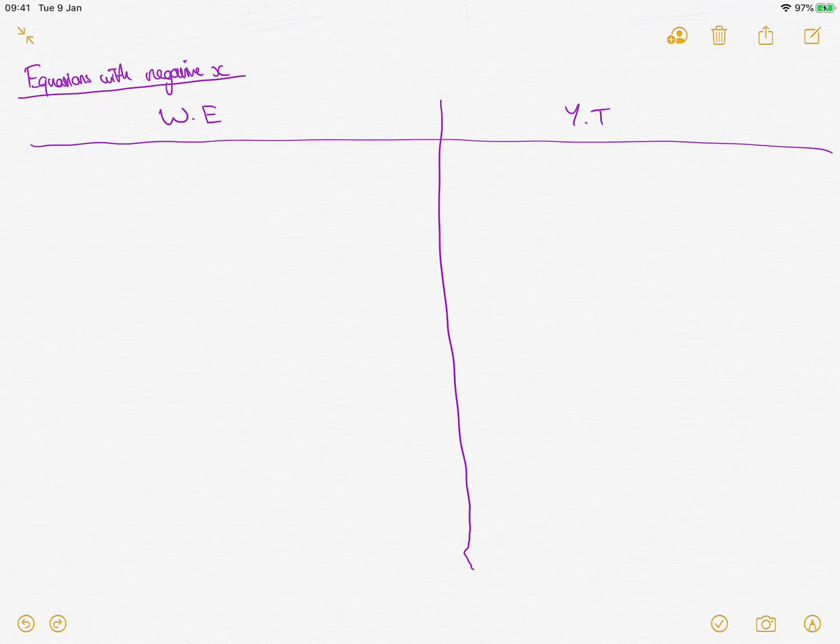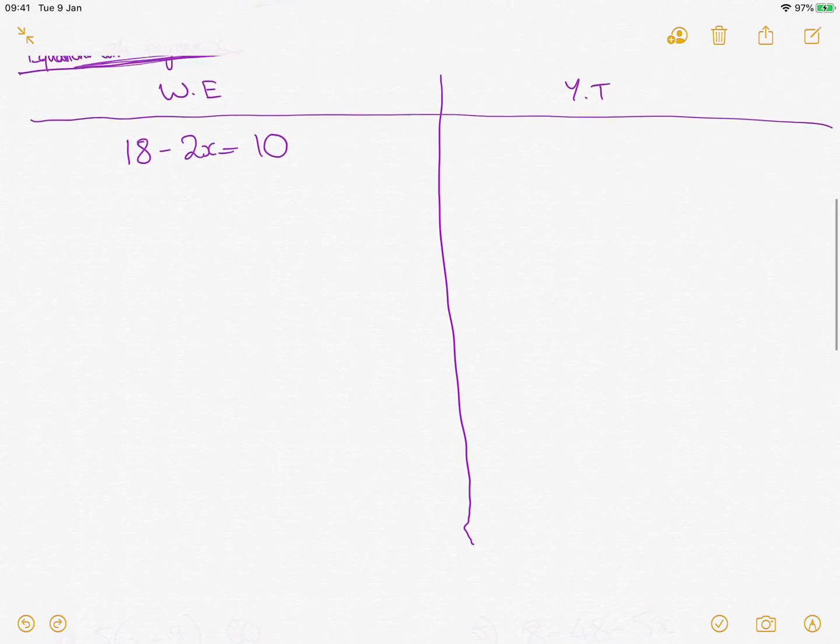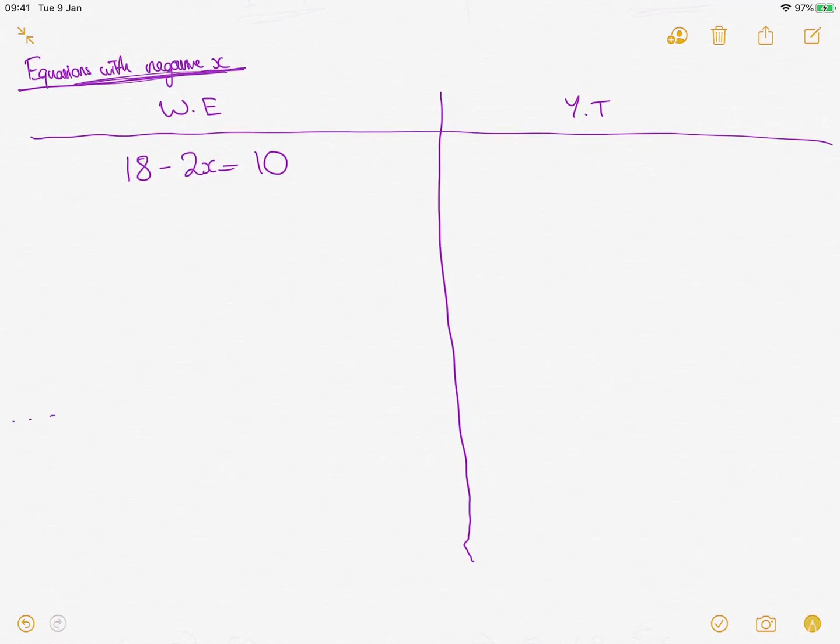So the first one is... The reason it's an equation with a negative x is because I've got a minus in front of my x term there. So there's two ways to do this again, so I'm going to split it out like I did last time and do a dotted line here, and then I'll show you both ways that you can do this.